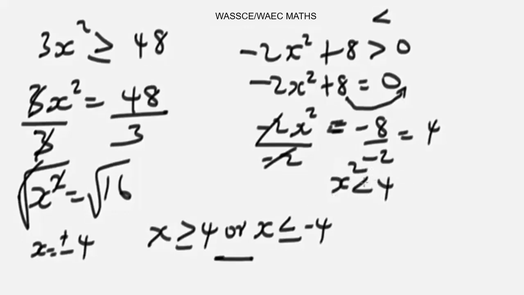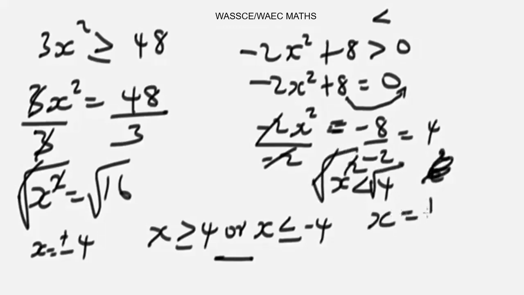Okay, so to get the value of x, we take the square root of both sides. So we have the values of x now to be plus or minus 2. Remember, we have a less than sign in the middle.